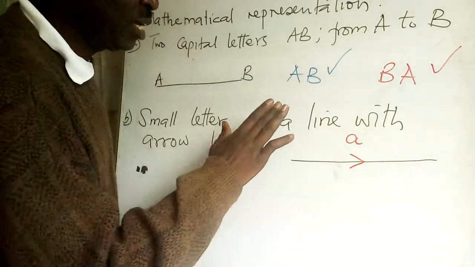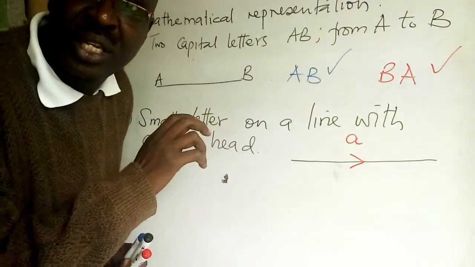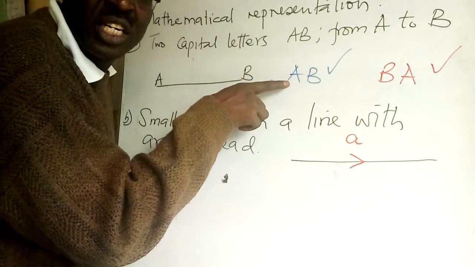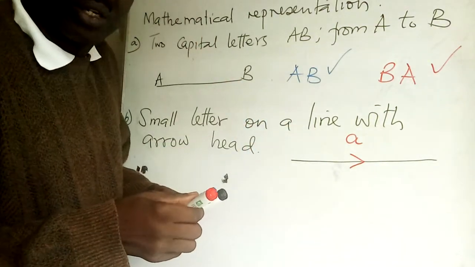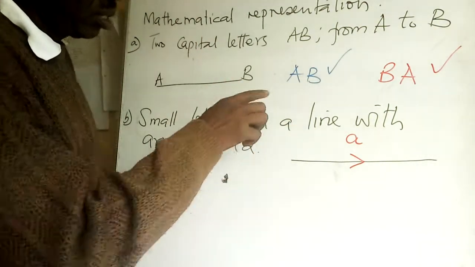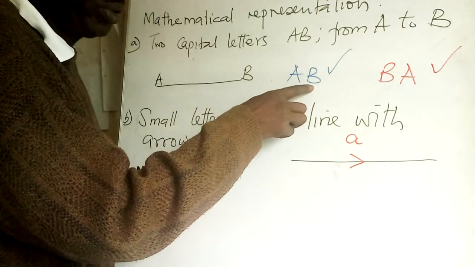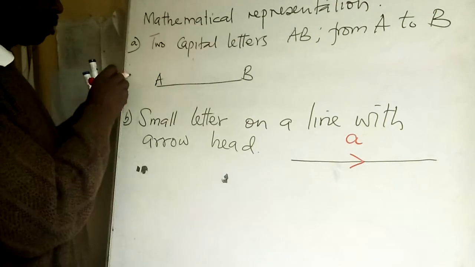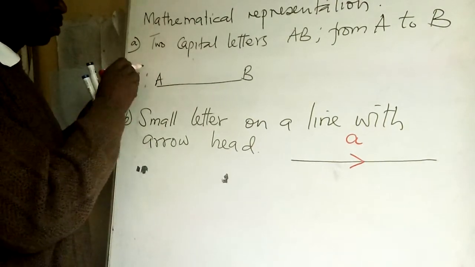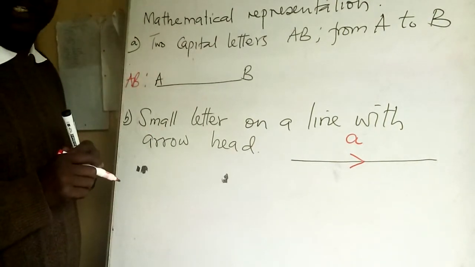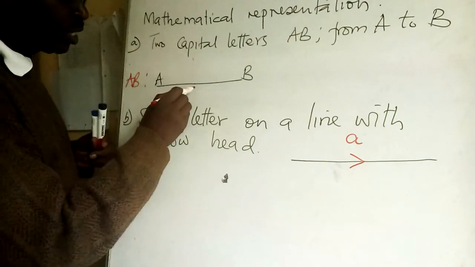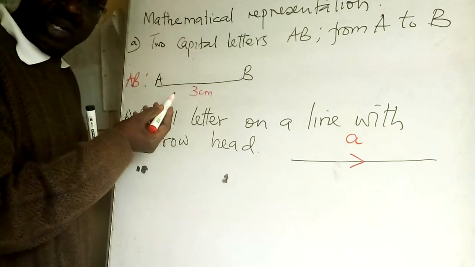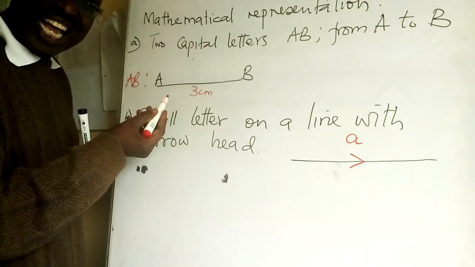So if I say my line segment is AB, then what have I taught? The direction is from A to B, if you are getting me right. AB can be represented like that. Now, if this is 3 centimeters from A to B, then this becomes my size.